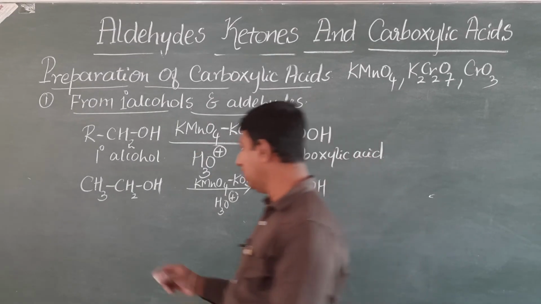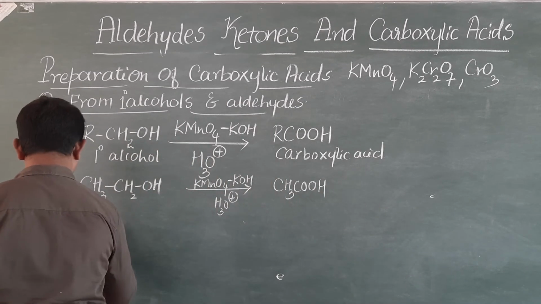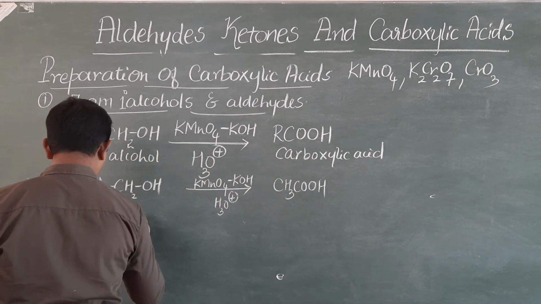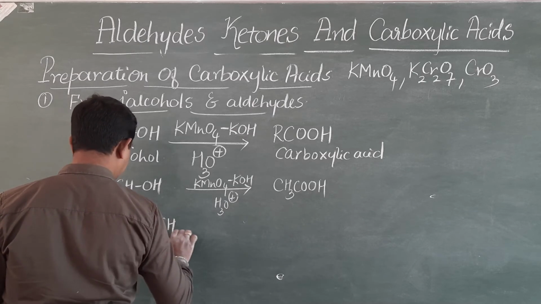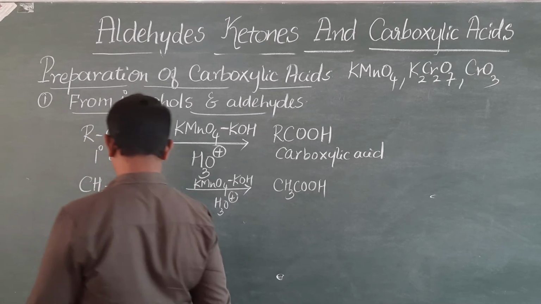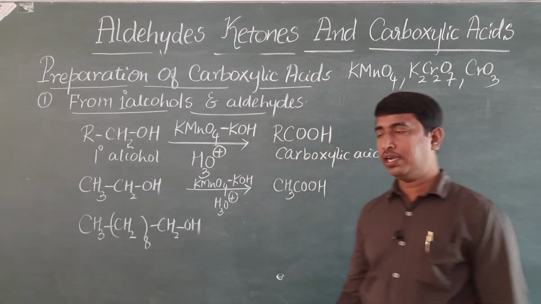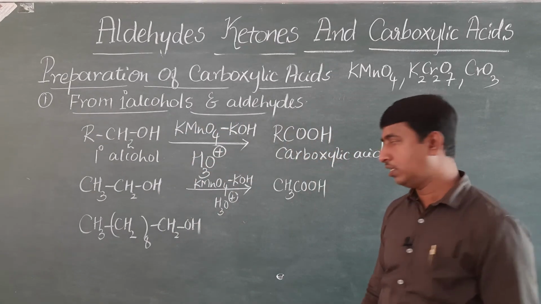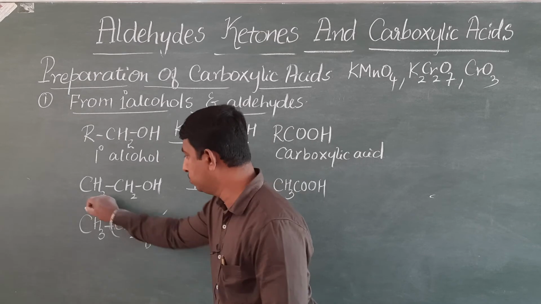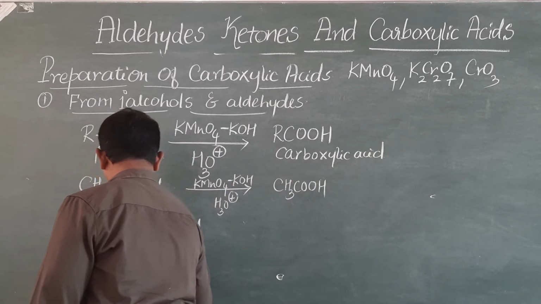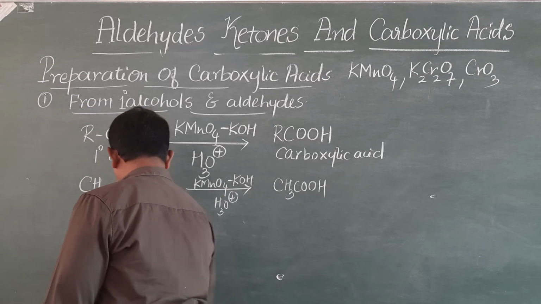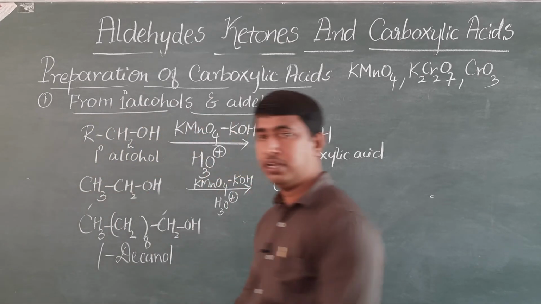One more example we can take: CH3, CH2 8 times, CH2OH. Total number of carbon atoms present in this compound is 8 plus 2, it is 10. So this is decanol, or 1-decanol.